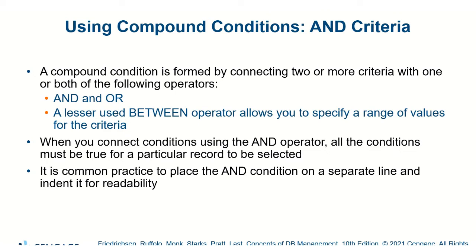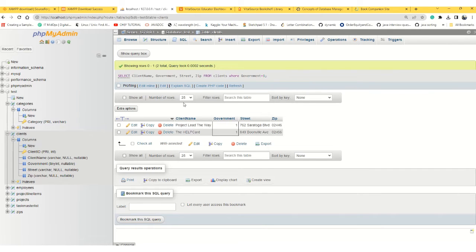Now you can have compound conditions, like chaining two different filters using and or commands. An example is like this. Say you want to find out, let's say I don't put any criteria.